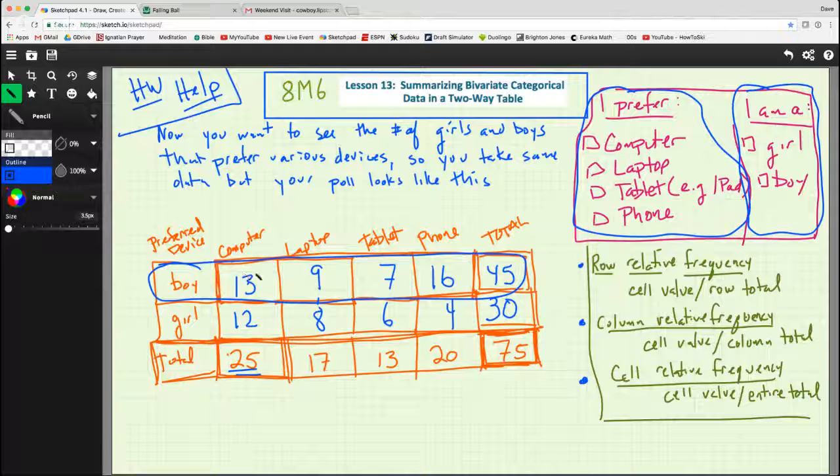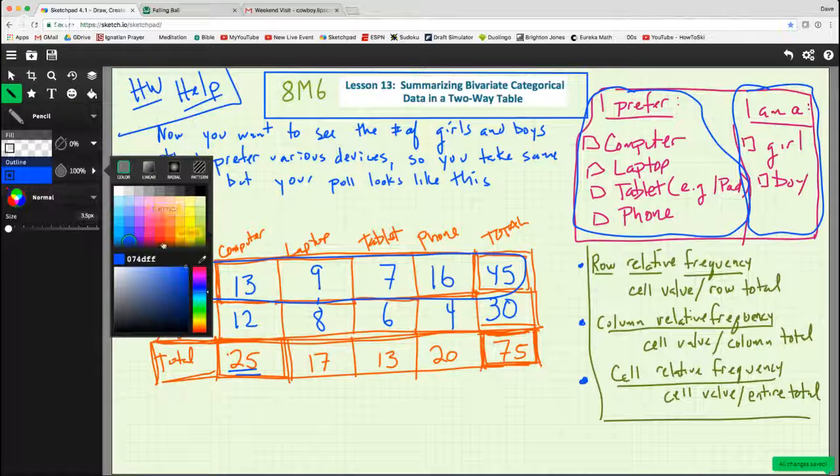And so that's 29%. So let's just go through this exercise really quick. Let me do this in a different color. We'll do our row relative frequency here.